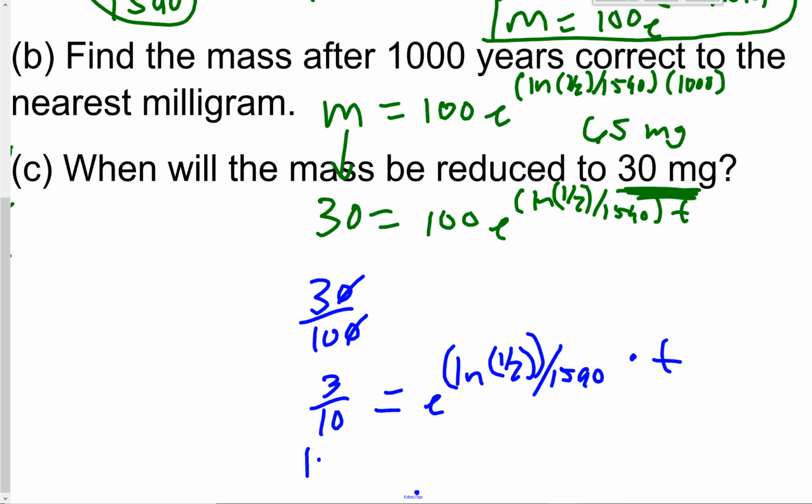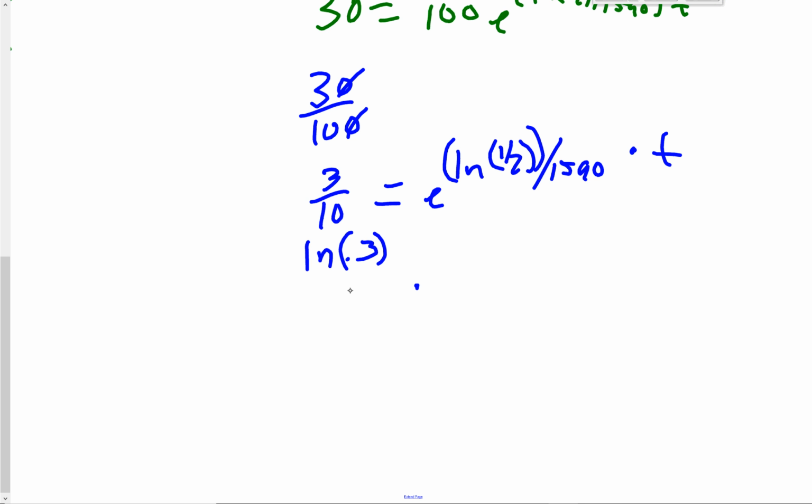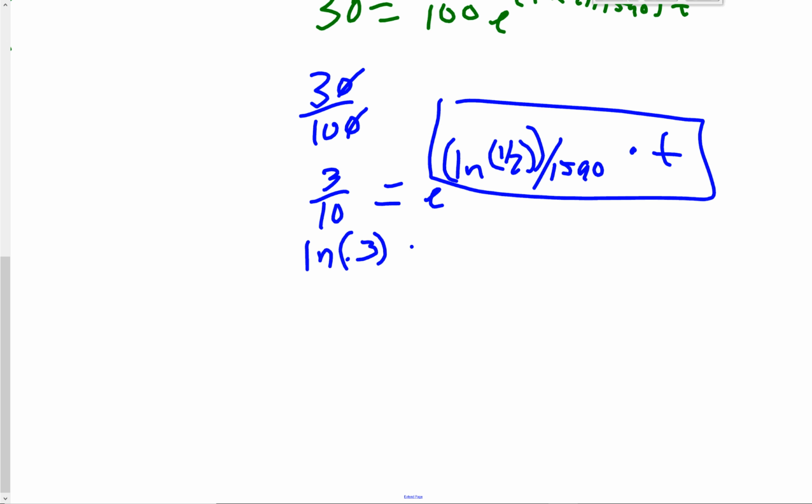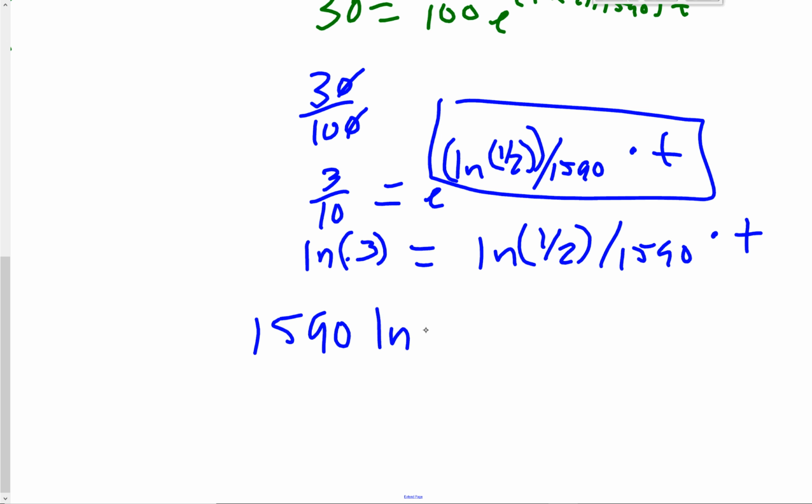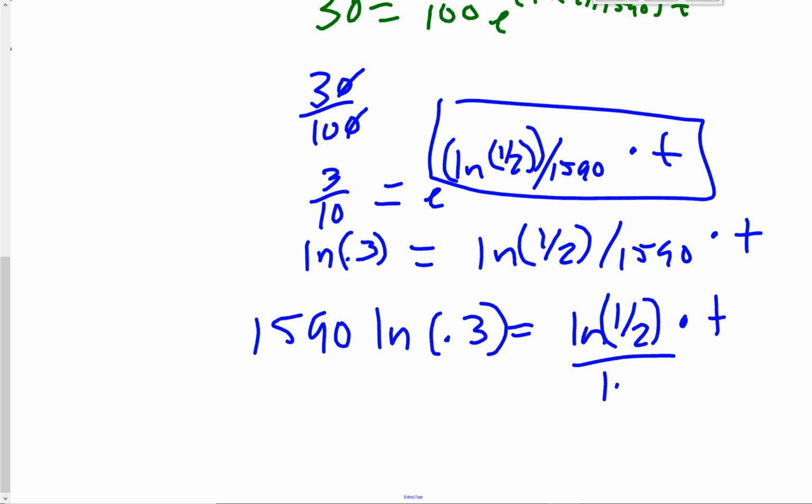So we can take ln of 0.3. Take the ln of this side, I'm just going to get this, ln of 1/2 divided by 1590 times t. So then I'm going to multiply both sides by 1590 and divide by ln of 1/2.